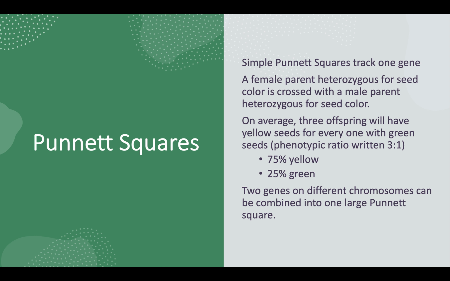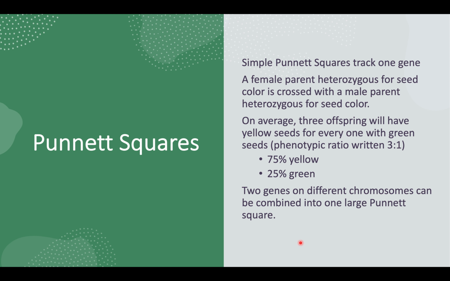So whenever we run the Punnett square, like we're going to talk about in the next slide, we're able to decide that on average, 3 of those offspring that those 2 heterozygous parents will have yellow seeds for every 1 that has green seeds, which would be a ratio, when we write it, 3-to-1, like in this example here. The phenotypic ratio, or what we're going to see, is going to be 3-to-1, which would mean 75% of them will be yellow, 25% of them will be green.